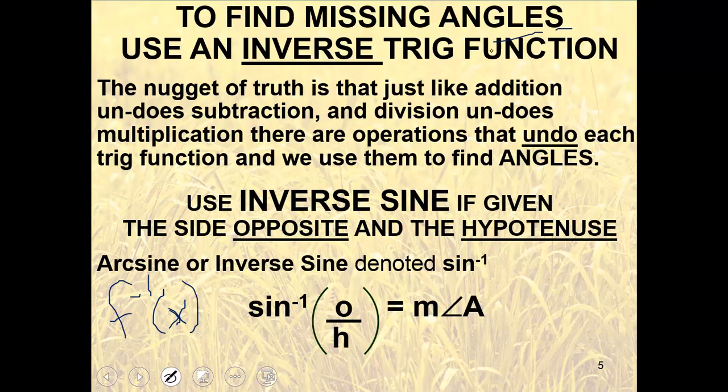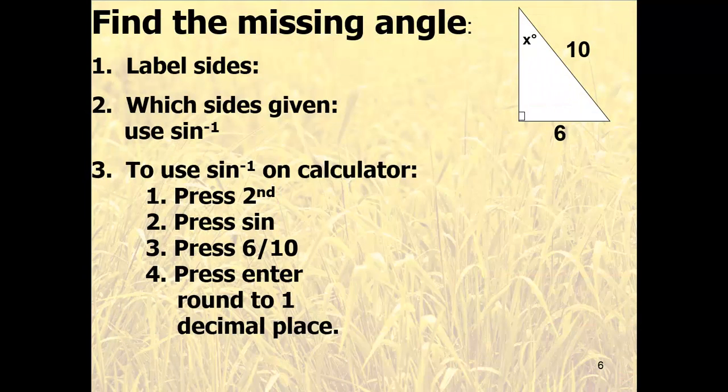When you're looking for an angle, you want to think of inverse trig function. The trig function you use depends on the sides that they give you. You're going to use the inverse sine if they give you the side opposite and the hypotenuse. Okay? So let's try one of those.